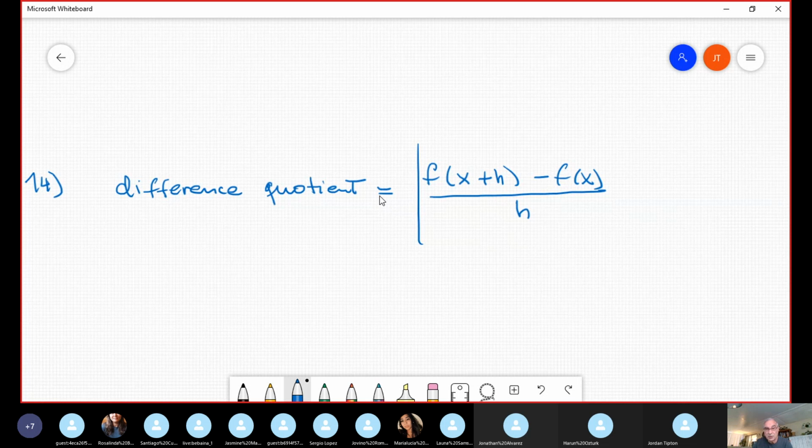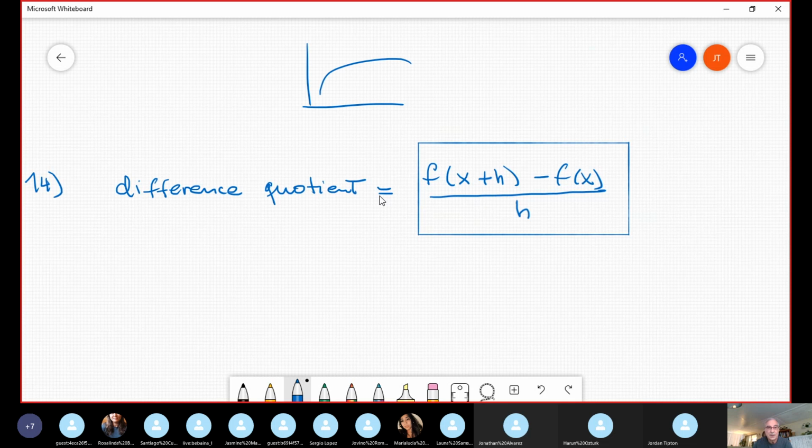It is in one curve. Suppose we have a curve, and we have 2 points. This point I call x, and this I call x plus h, and h represents one arbitrary number. You connect these by a line, and in this line you compute the slope. Remember, the slope is the ratio between rise and run.